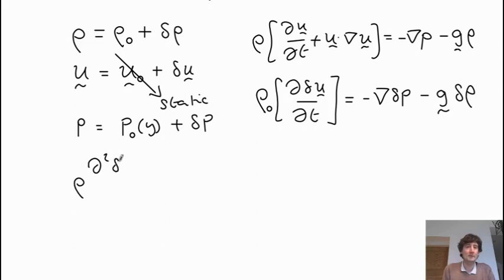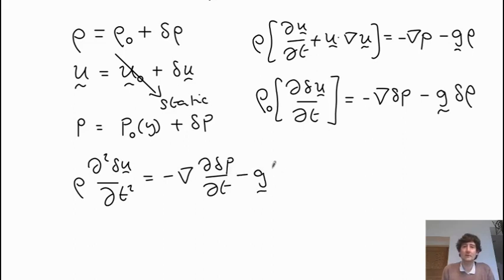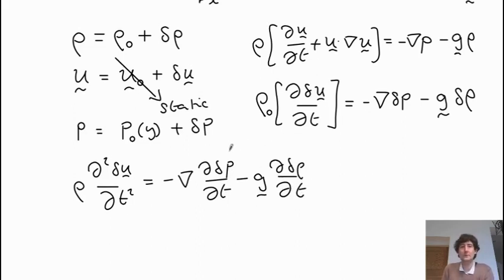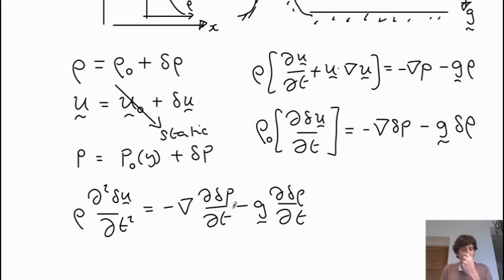So we have d2 delta u by dt squared, and that is equal to minus gradient of d delta p by dt, minus g d delta rho by dt.